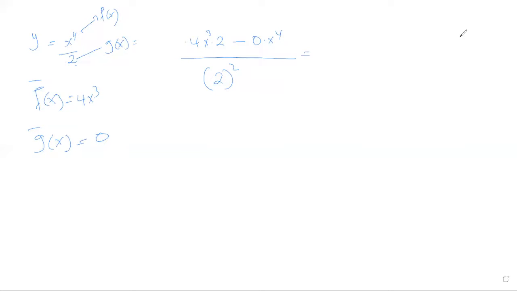This means 8x cubed minus 0, divided by 4. 8x cubed divided by 4 will be 2x cubed. And this one is our final answer. I can write y prime is equal to 2x cubed.